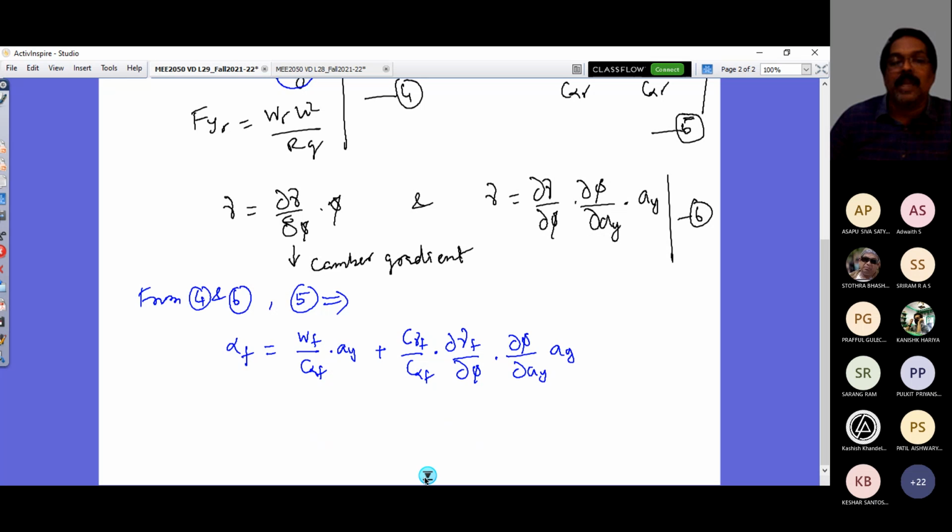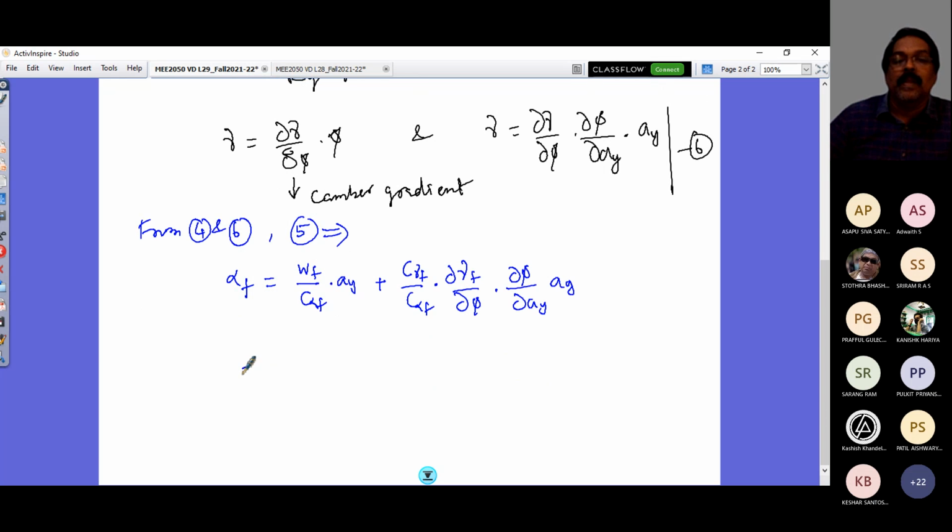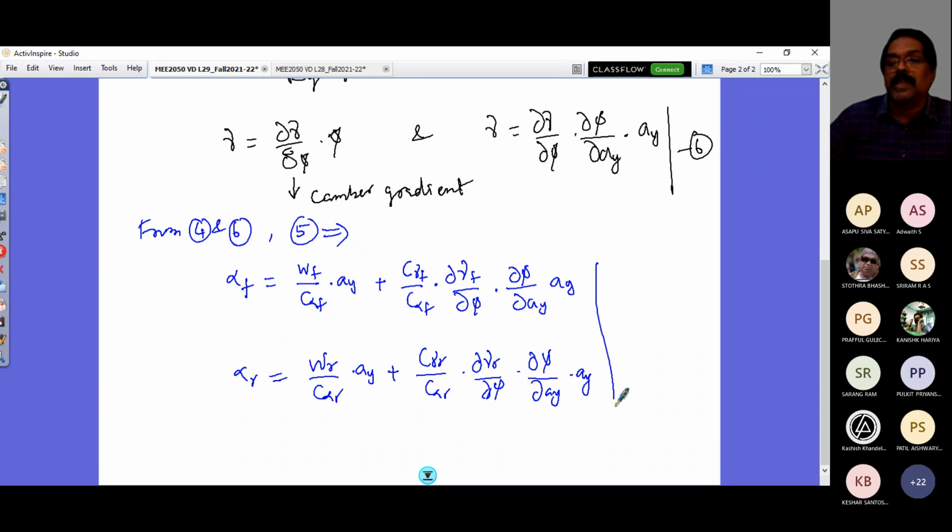In a similar way, I can write the slip angle expression that accounts for the change in camber now. So that's going to be Wr by C alpha r into ay plus C gamma r by C alpha r into dou gamma r by dou phi into dou phi by dou ay into ay. So let me call this equation set 7.